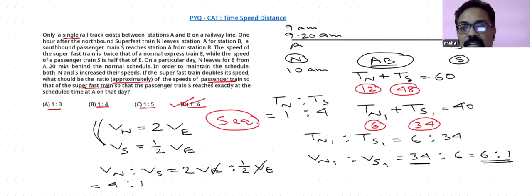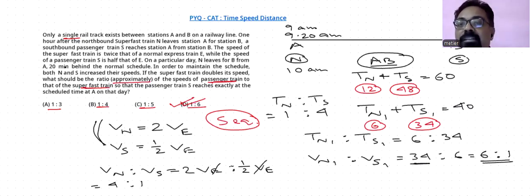So 1:6. Now, if in the exam hall you have some confusion like this, that 6:1 has come and 6:1 is not there in the options, how to mark? So have a look at what they are asking for. They are asking for the ratio of passenger train to superfast train. So obviously, passenger train will have lower speed, superfast train will have higher speed.